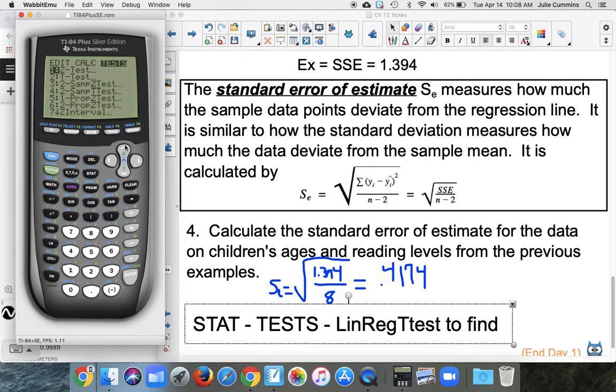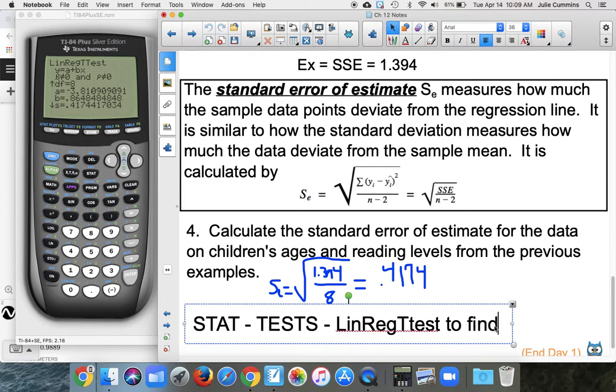If you scroll up, you'll get to it faster. Linear regression t-test. Remember, L1 and L2 is where all of the original data is. It's always the not equal. Doesn't matter if we store it this time. Okay, and what we are looking for in this list is S. Right there it is.